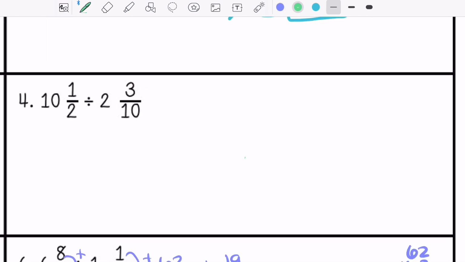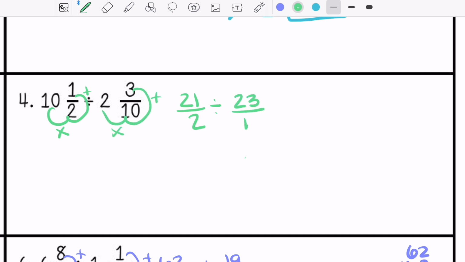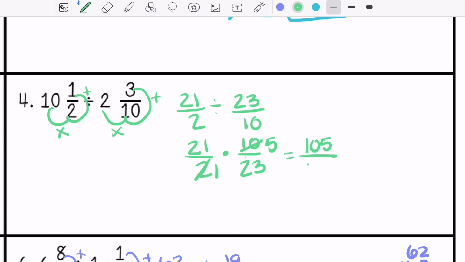Okay, number 4. 10 times 2 plus 1 is 21 halves divided by 23 tenths. We are going to keep, change, flip. Greatest common factor between these two is 2. So we have 105 23rds.